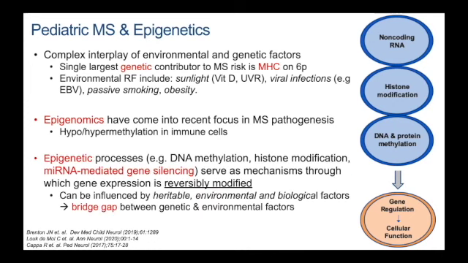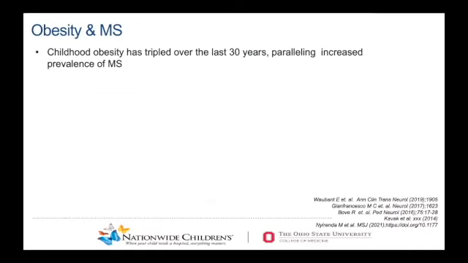And epigenetic processes, including microRNA-mediated gene silencing, serve as mechanisms through which gene expression is reversibly modified. So this can be influenced by heritable, environmental, and biological factors, and helps to bridge the gap between genetic and environmental factors. So my interest is really at elucidating the mechanisms by which obesity increases the risk in MS.